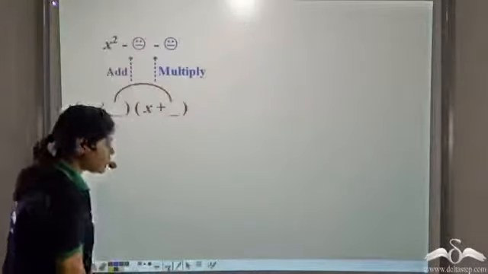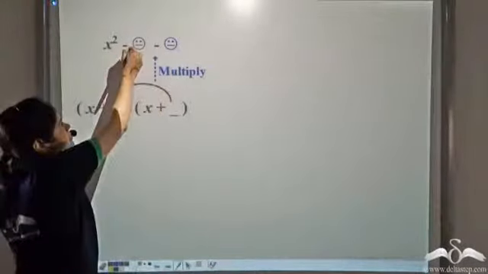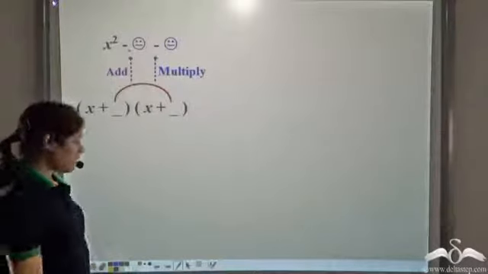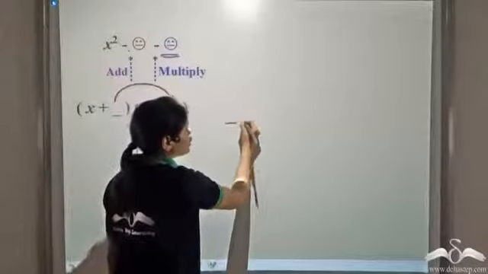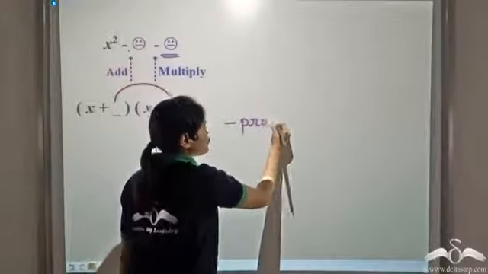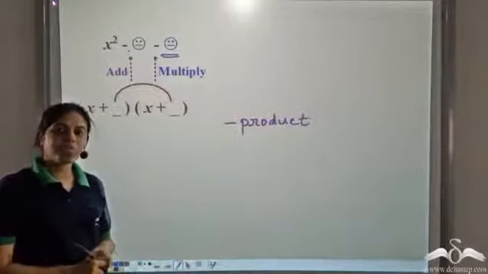Now consider the second possibility, where the last term is negative and the middle term is also negative. Once again, the last term is the product of two numbers. So we have a negative product. How can you get a negative product?